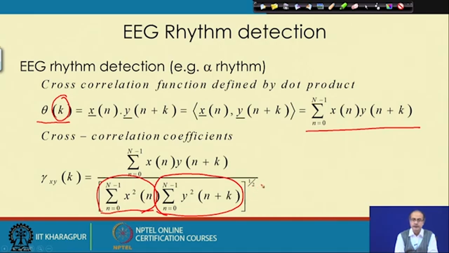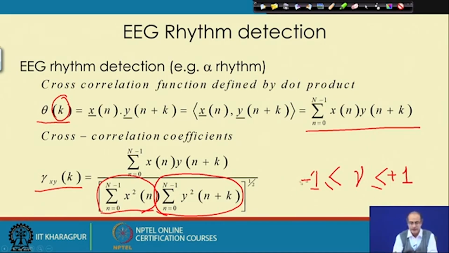We need to take the square root for that reason, and we get a quantity called the cross correlation coefficient. Now, what we gain by this is that the cross correlation coefficient varies between -1 to +1. Okay. So, it will be within this range only.